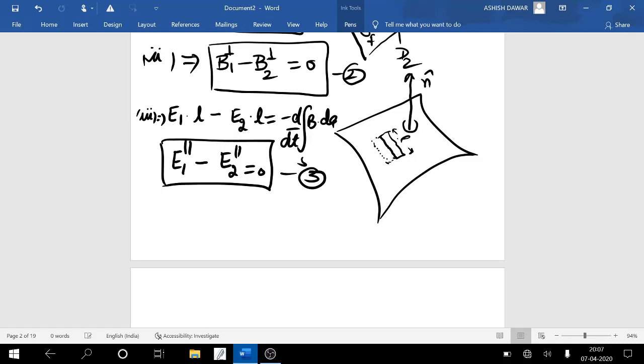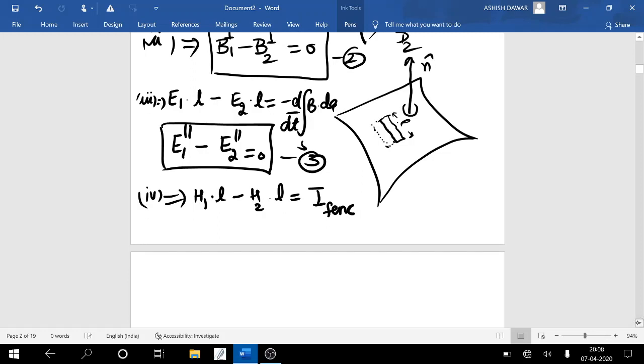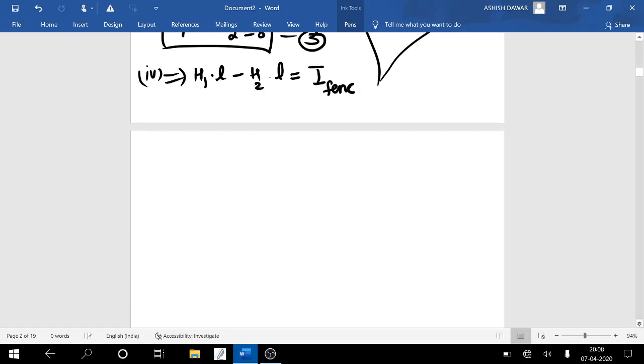And finally the fourth equation implies H1 dot L minus H2 dot L equals total current enclosed. Okay, so no volume current density will contribute, only surface current, and n cap is a unit vector perpendicular to the interface.